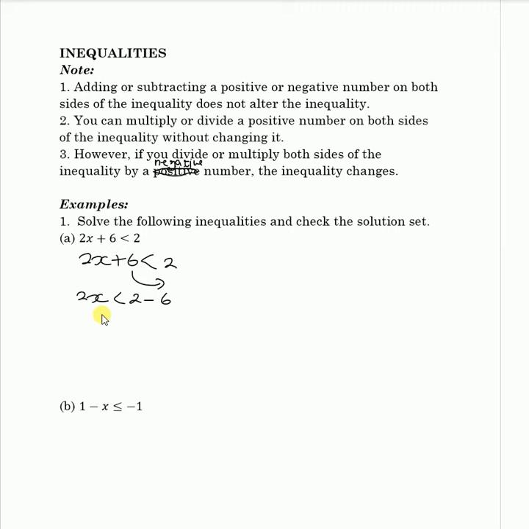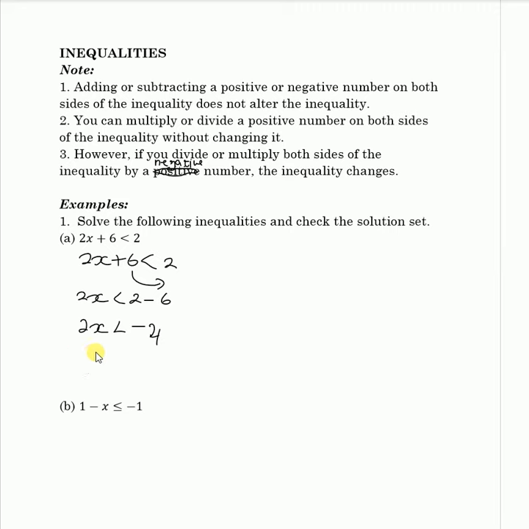What was positive on the left hand side of the inequality becomes negative on the right hand side. That's why the negative is there on the 6. So we have 2x is less than negative 4.